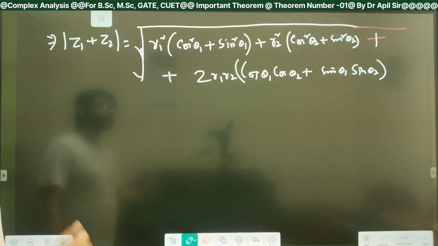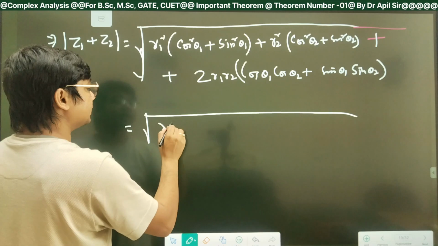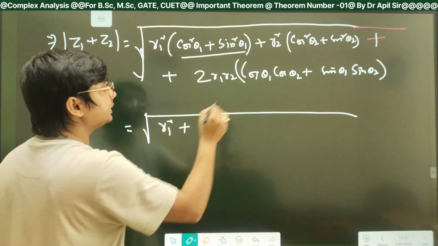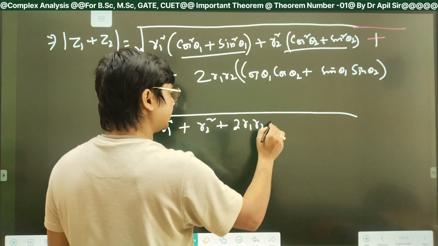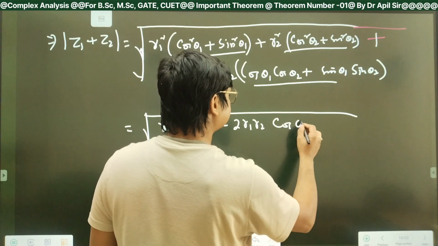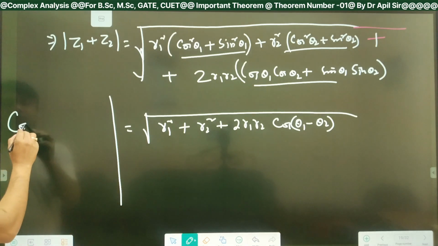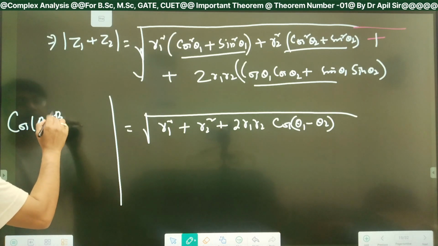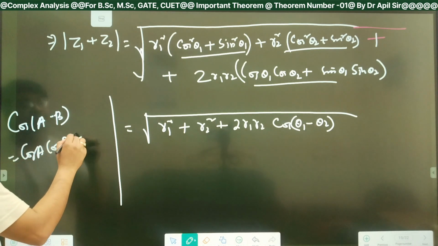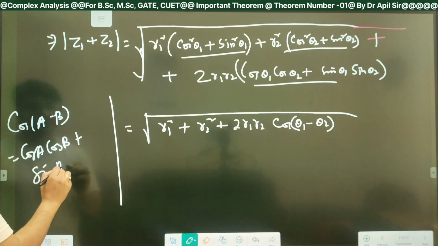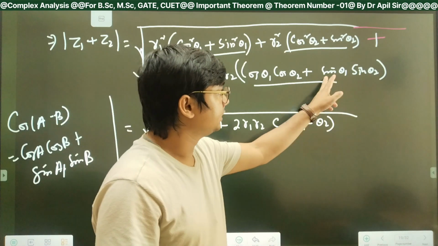So this value will be 1, this will be R2 square, plus twice R1 R2 cos of theta 1 minus theta 2. Why? Because we have the trigonometric formula: cos of a minus b is cos a cos b plus sin a sin b.